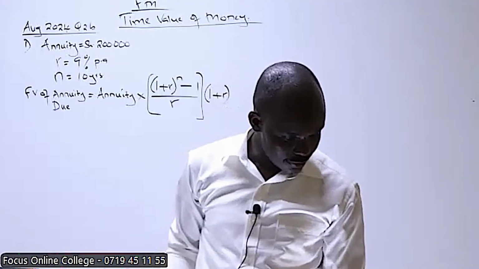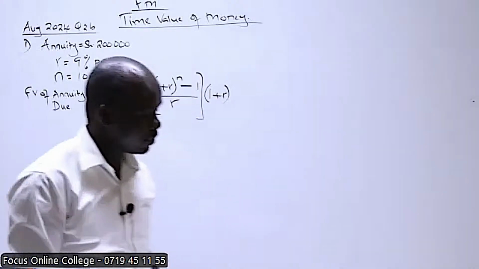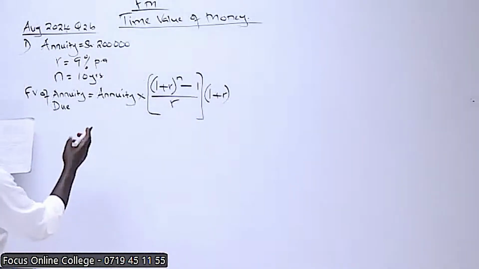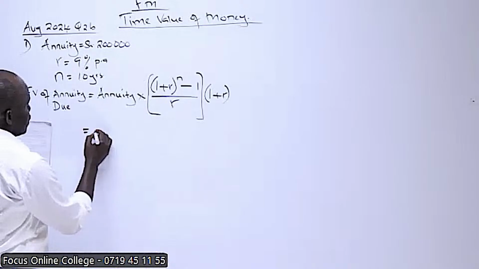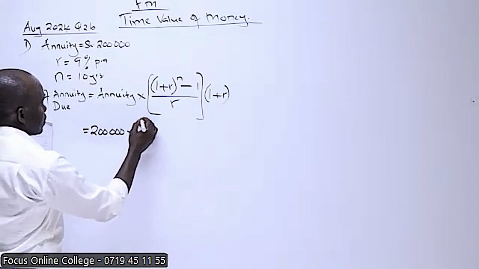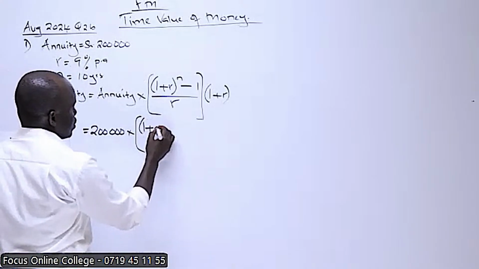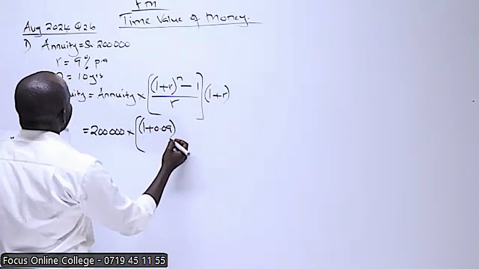So here we say, the annuity is 200,000 times 1 plus 0.09 power what?